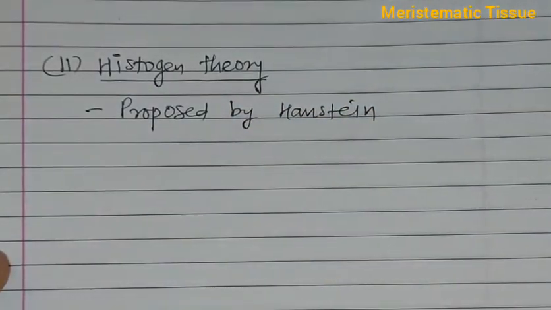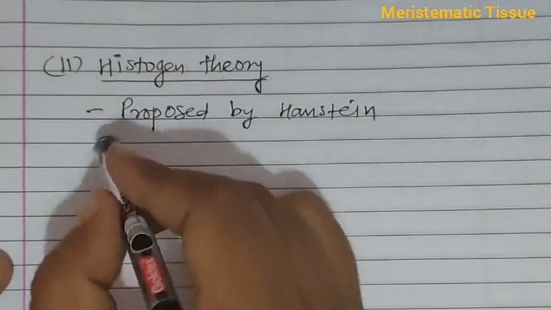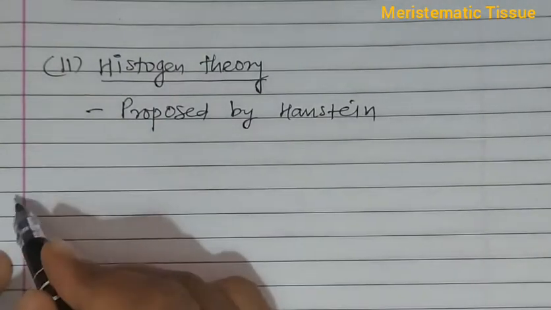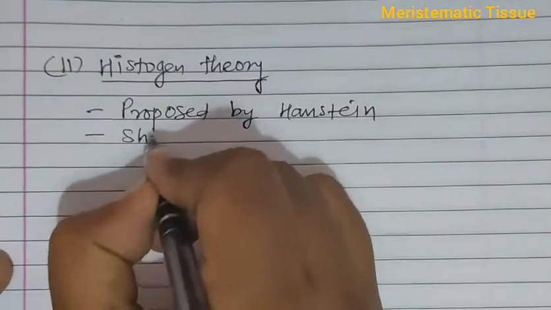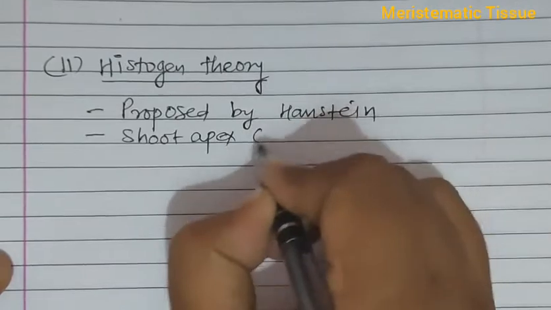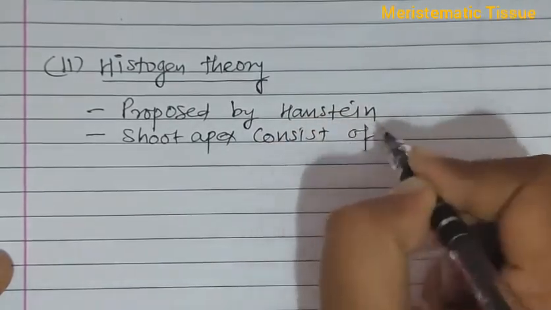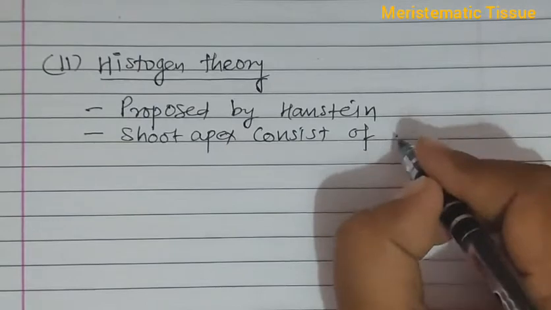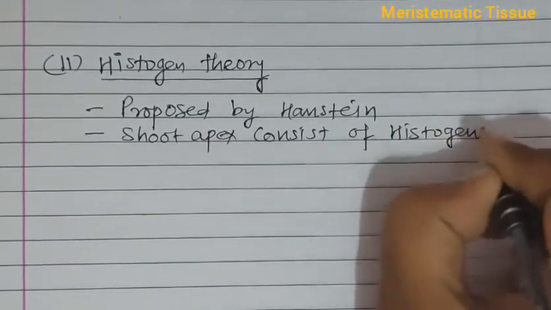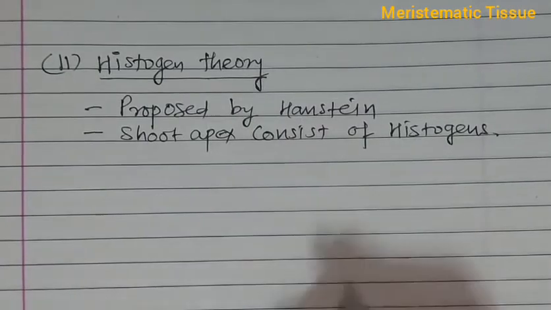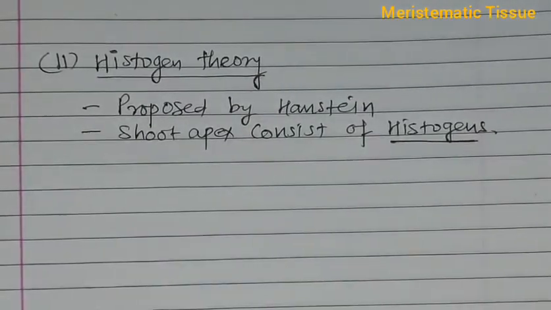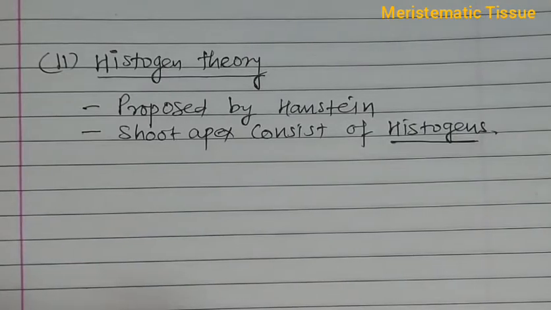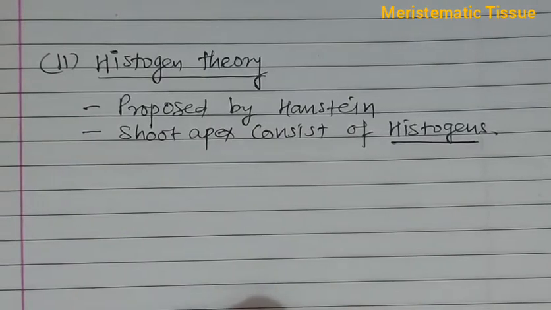And this theory says that the shoot apex consists of histogens. And here they said that the shoot apex has 3 histogens. So if we make a diagram of these histogens, it looks something like this.